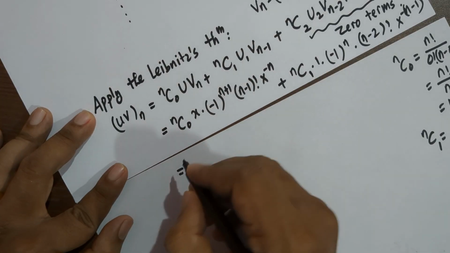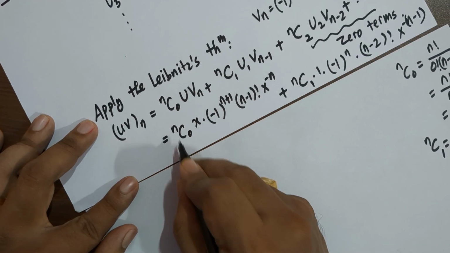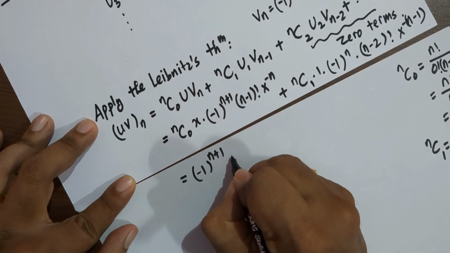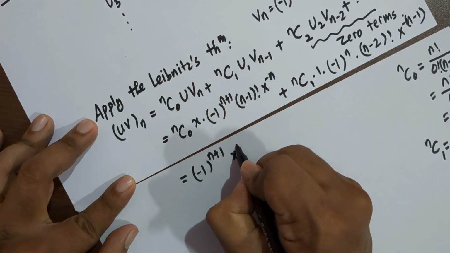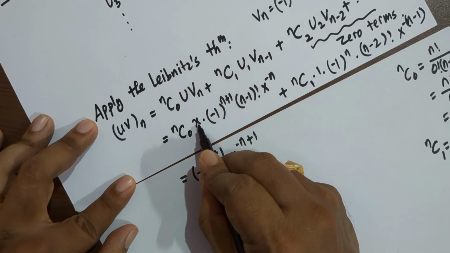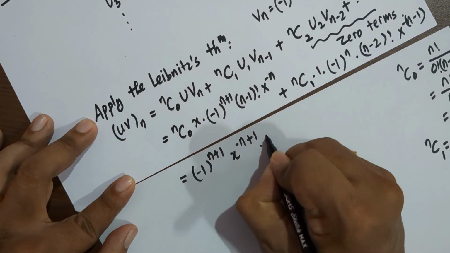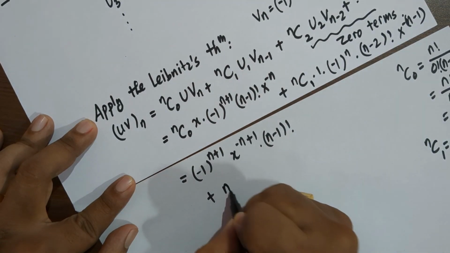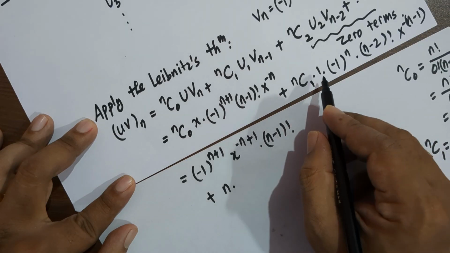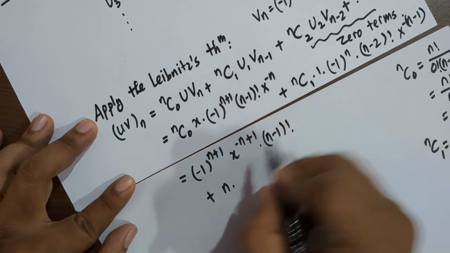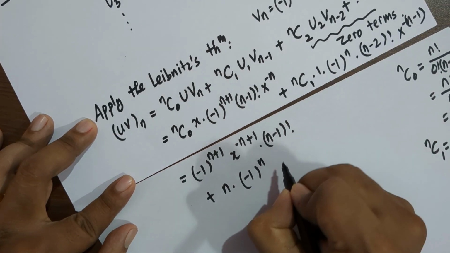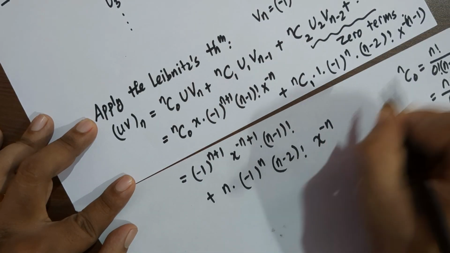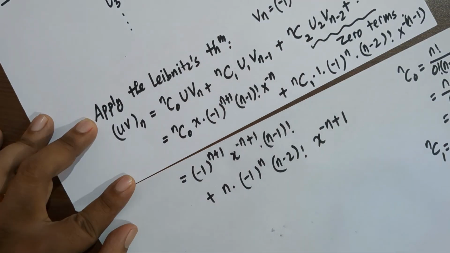So this becomes, nC0 is 1, so minus 1 to the power n plus 1 x to the power minus n, and we also have n minus 1 factorial, plus this term is n times, nC1 is n, and minus 1 to the power n, n minus 2 factorial x to the power minus n plus 1.